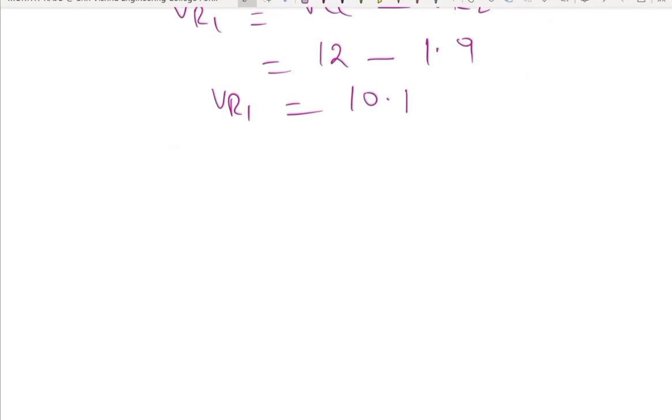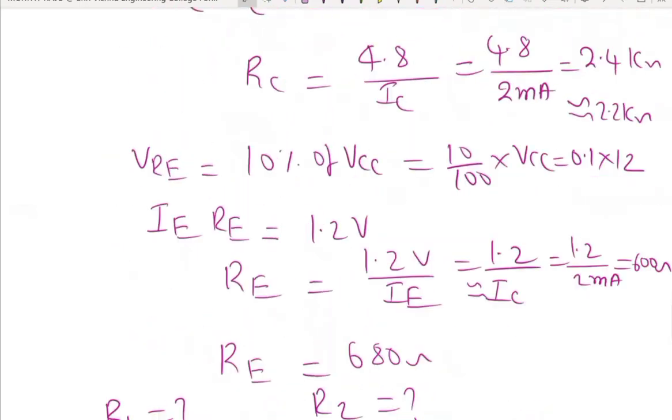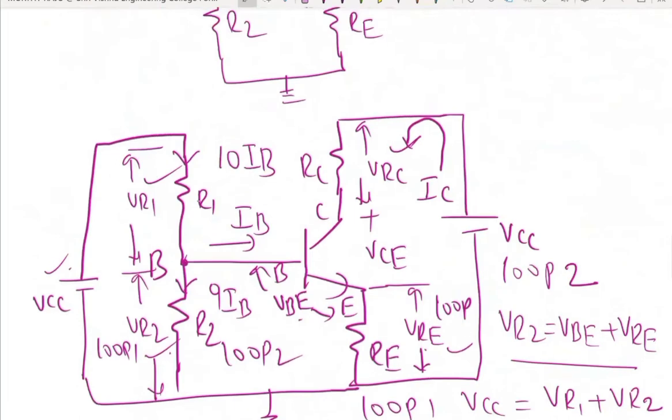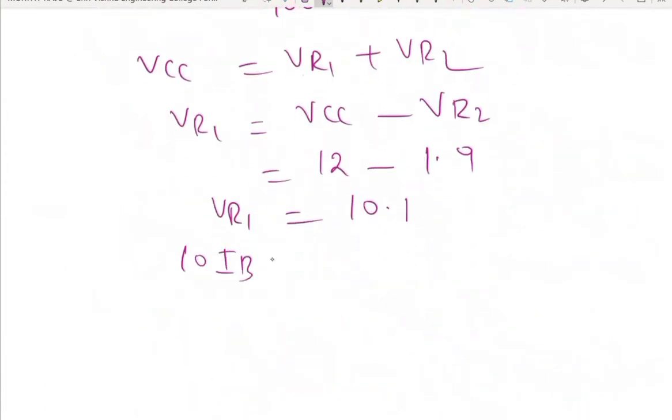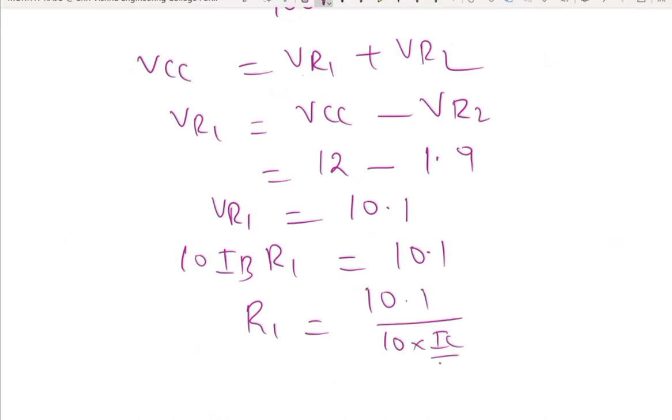The current flowing through this R1 is 10 IB. Therefore, VR1 is equal to 10 IB into R1, which is 10.1. Therefore, R1 is equal to 10.1 by 10 into IB, where IB is equal to IC by beta. 10.1 by 10 into IC is 2 milliamps, beta is 100 only.